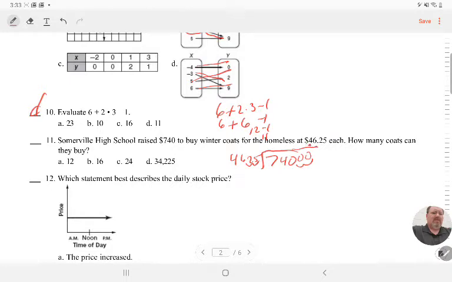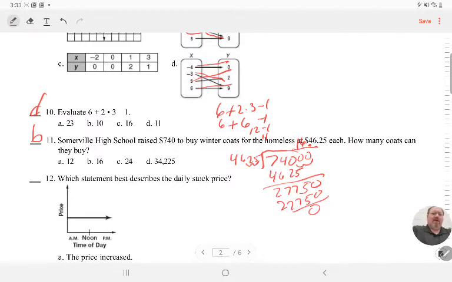So my decimal goes there, and that would be 4625. Let's see, that would be 2775, another 0, 6, and that's 277500. So that is B, 16.